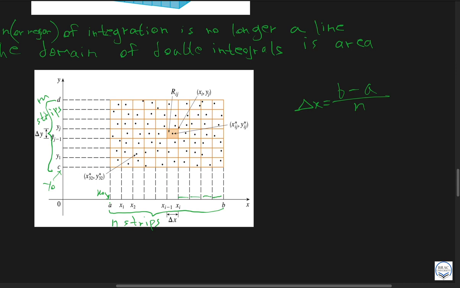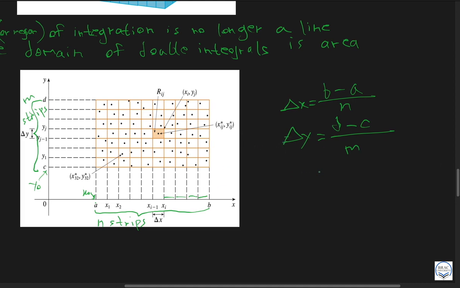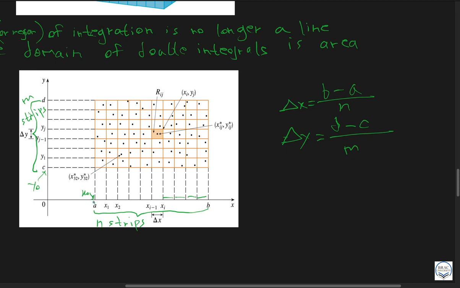So delta x is the entire interval from a to b, same thing as before, divided by n. And delta y has the exact same logic, where our interval is from c to d, and we divide it in m steps.